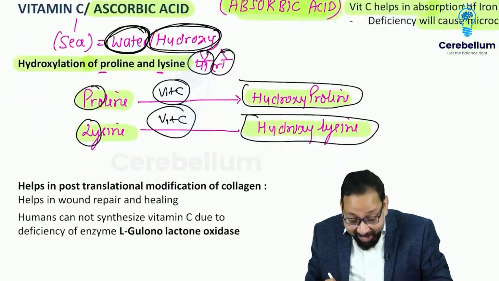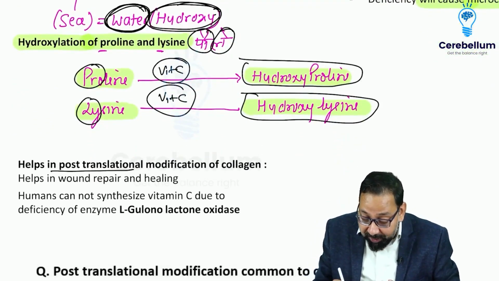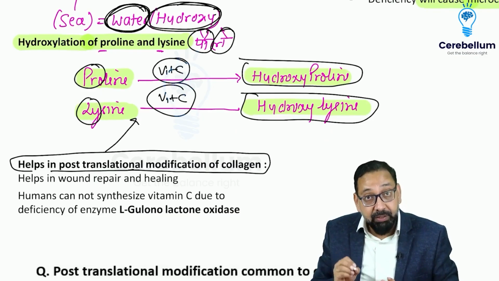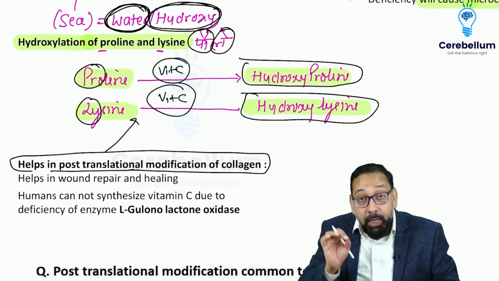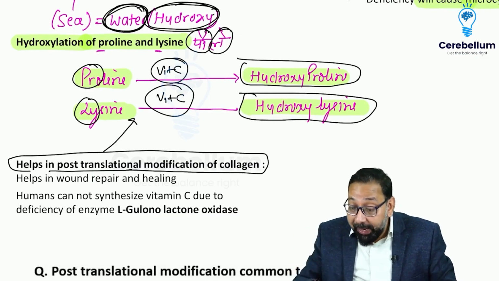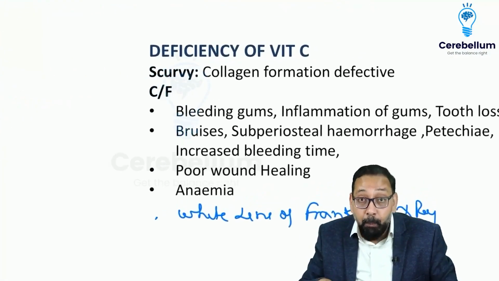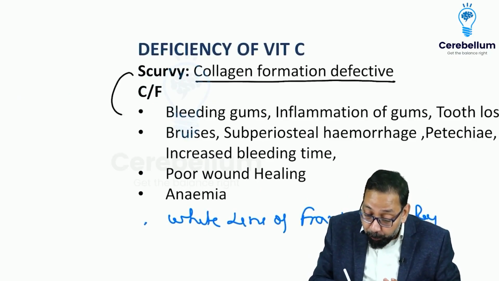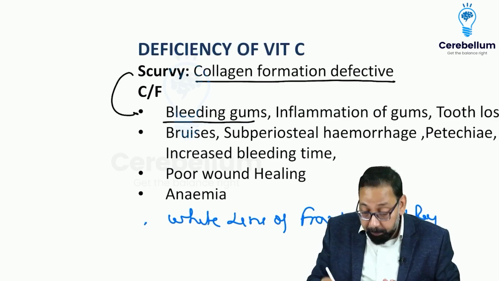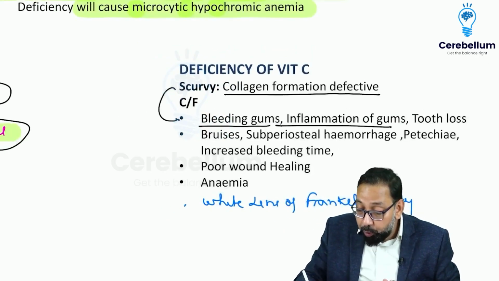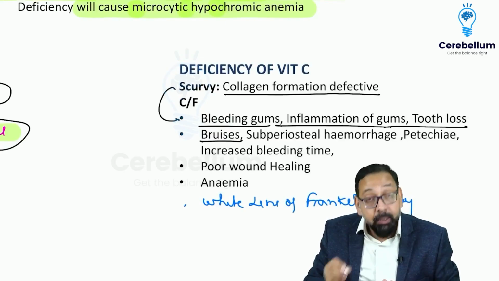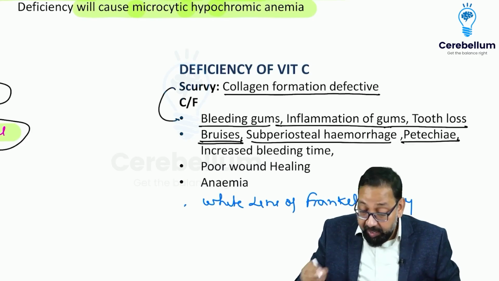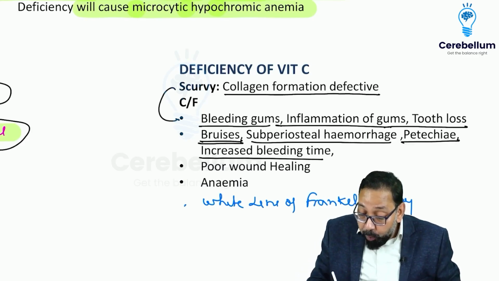of vitamin C, and this helps in post-translational modification of collagen. So this is post-translational modification of collagen. Vitamin C is required. So if vitamin C is deficient, then collagen would not be proper, means collagen formation would be defective, and that will lead to scurvy: bleeding gum, inflammation of gum, tooth loss, easy bruisability, subperiosteal hemorrhage, petechiae, increased bleeding time, poor wound healing.